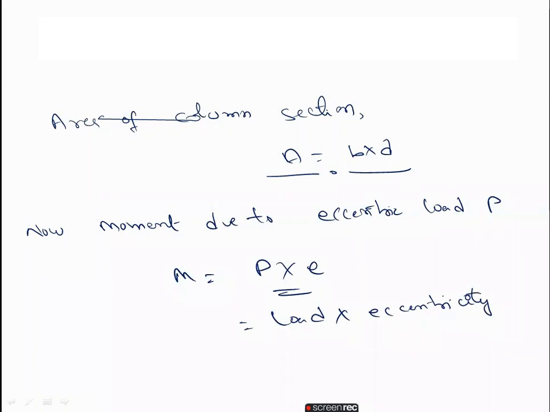So the area is B into D, and the moment due to the eccentric load P is M equals P into E.